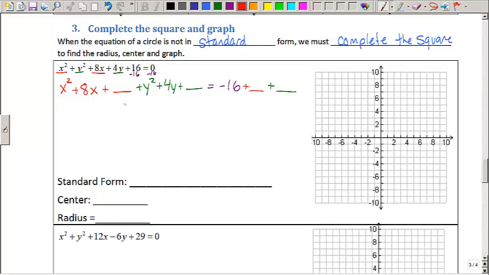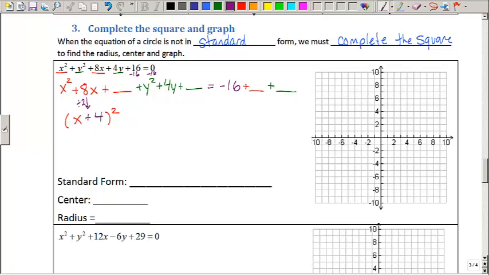Looking at the red, the x's, I would like x squared plus 8x plus some number to factor into a complete square. Well, in order to do that, we're going to use the process of dividing by 2 and squaring. When I take 8 and divide 8 by 2, I'm getting plus 4.